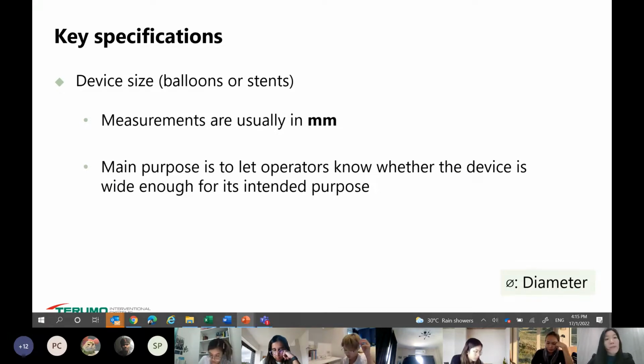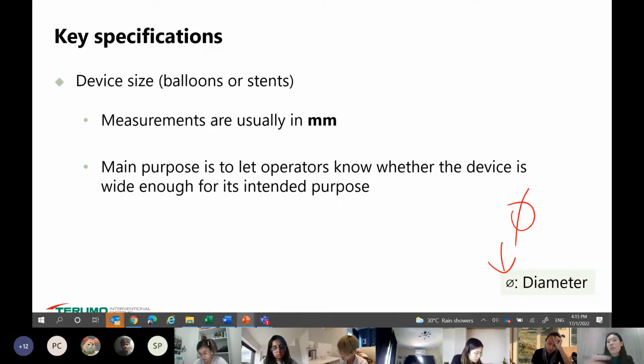Okay, so device size for balloons or stents, especially small devices, is usually in mm, and it is typically used to let operators know whether the device is wide enough for its intended purpose. As you see here, this sign refers to diameter.